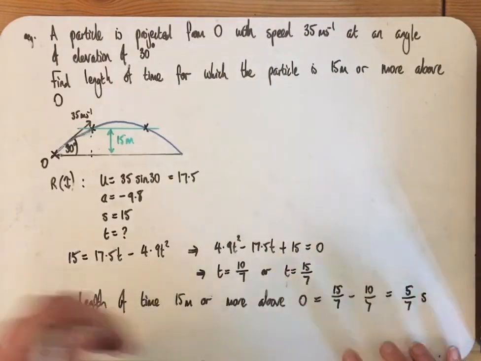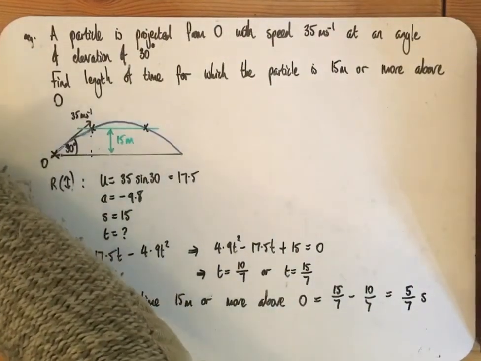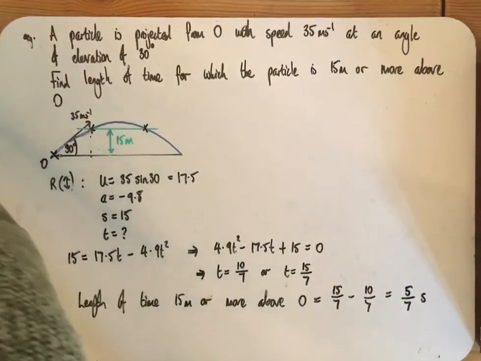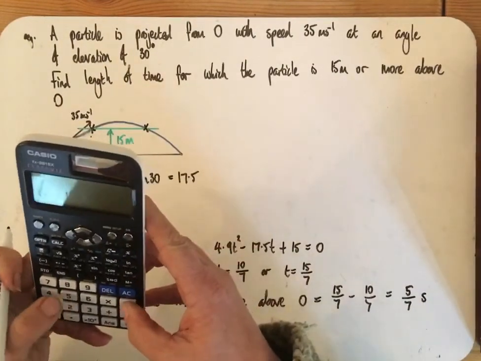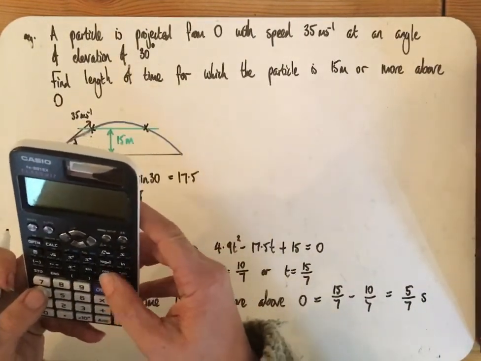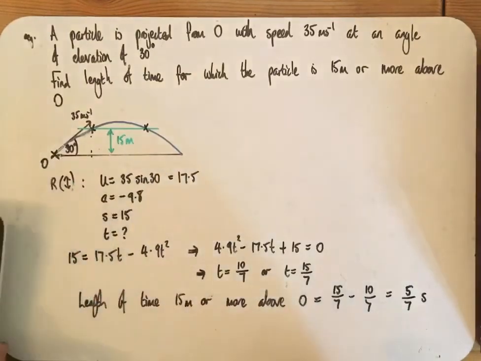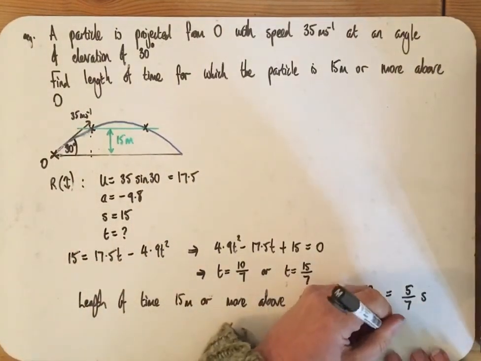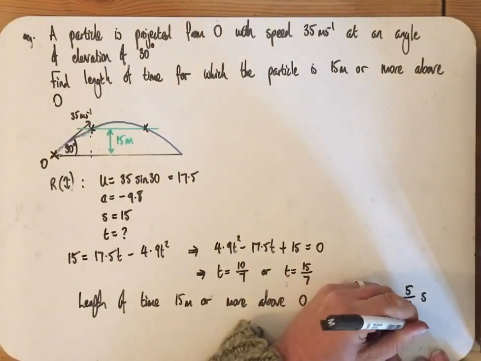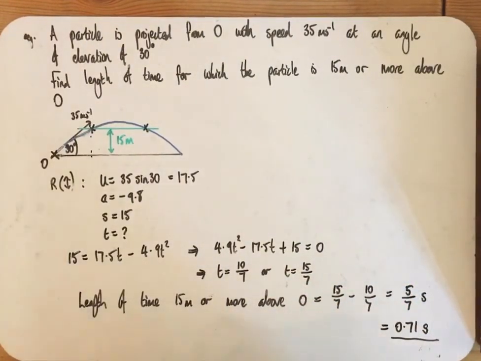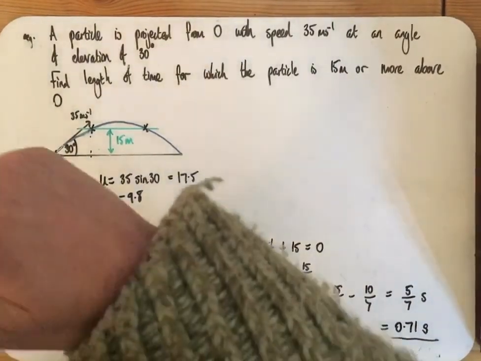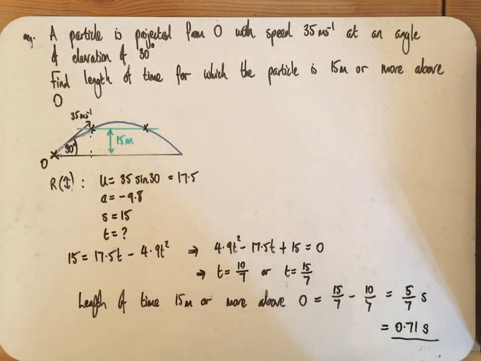I'm breaking my rules of rounding now, so that should really be to 2 sig fig. So 5 divided by 7 is 0.71 seconds. So don't go to too much accuracy in mechanics, especially when you've used g as 9.8.